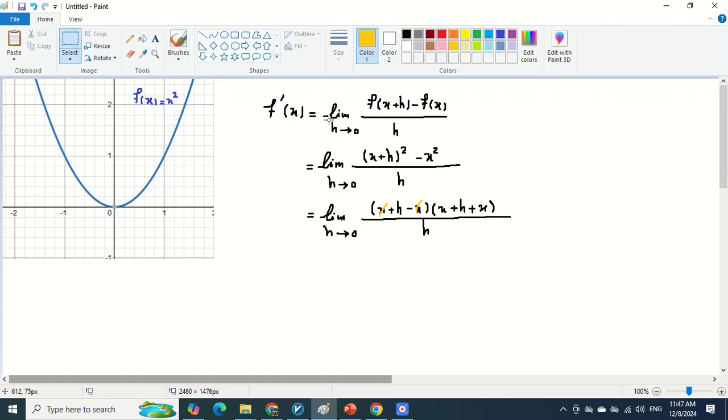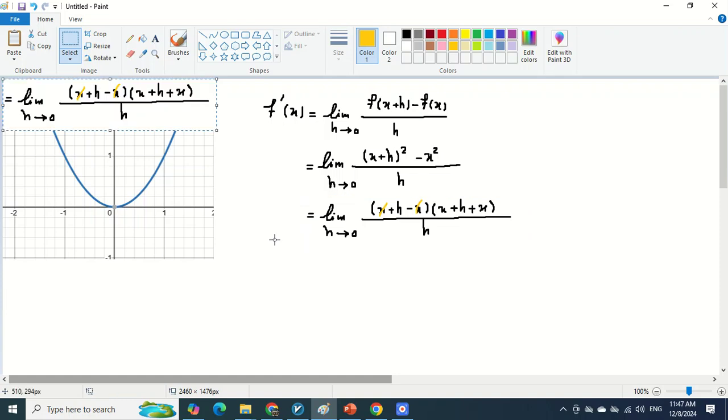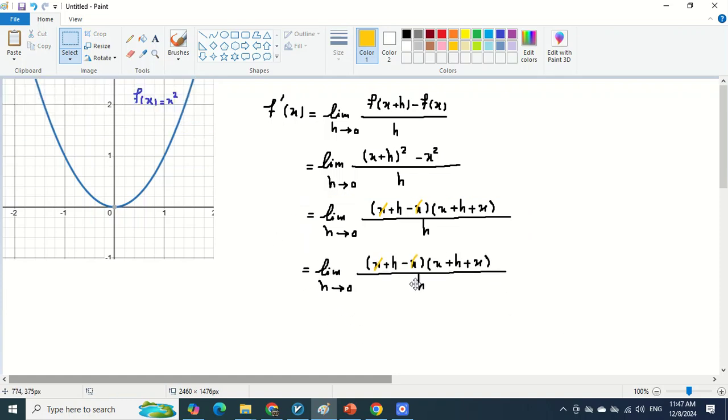So if I rewrite that again over here at the bottom, instead of this expression I can rewrite the corresponding value over there, that is equal to h. And right now this h also can be cancelled by the denominator.